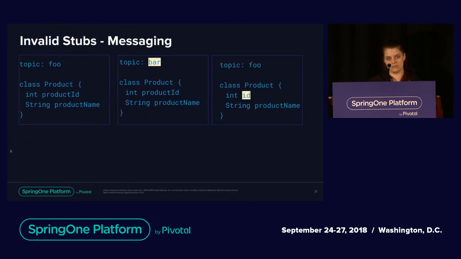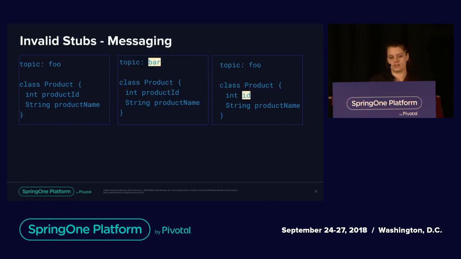The same thing can happen with messaging. Again, it's the consumer application that stubs the messaging process for their integration tests. And again, they can set up any framework that allows stubbing messaging to listen, to send messages to topic foo with a product, which will have fields product ID and product name, because that's what they have agreed on, and the test will pass.